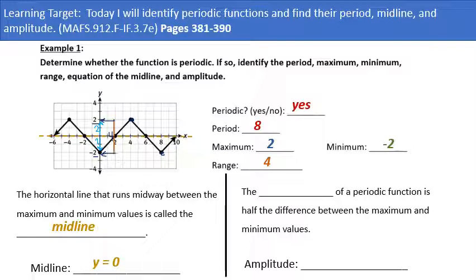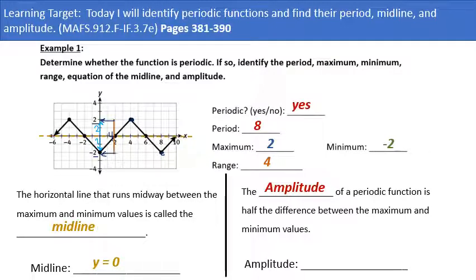Last definition piece. The amplitude of a periodic function is half the distance between the max and the minimum values. Now that sounds like it's going to make things a little complicated, but it is actually pretty straightforward and easy, because look, we already found it.